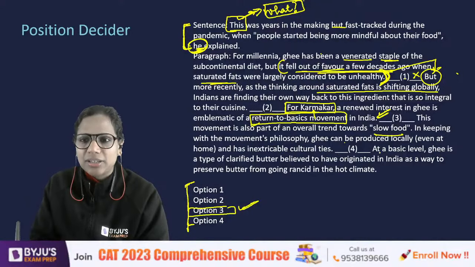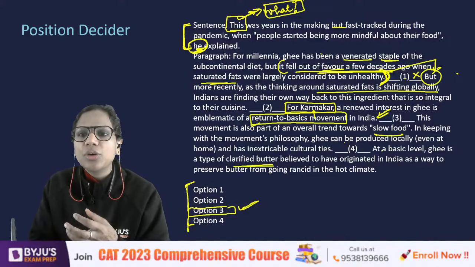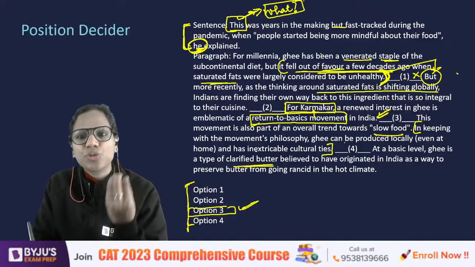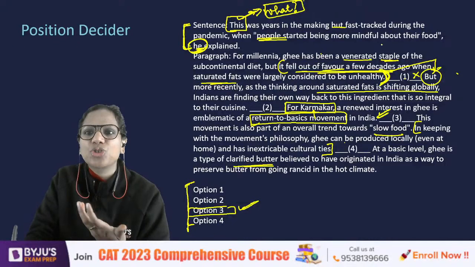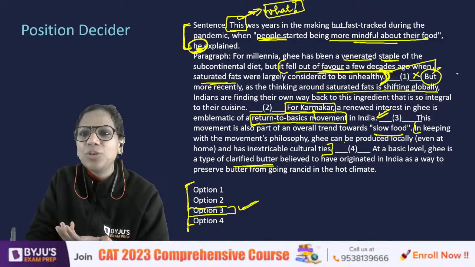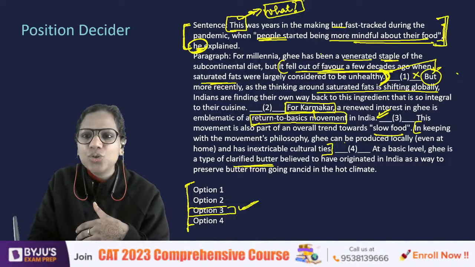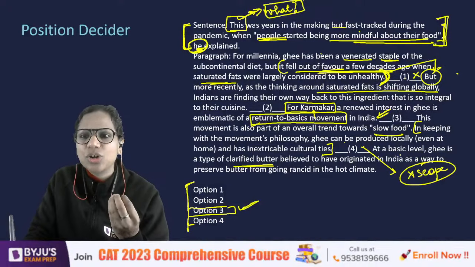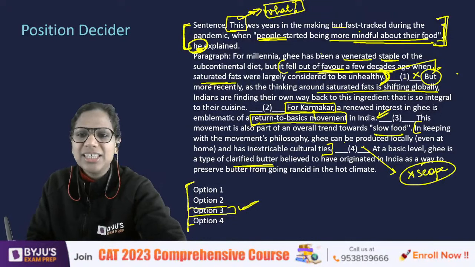Then there is a blank. At a basic level, ghee is a type of clarified butter. So now you see that in these two sentences, we are more concerned about ghee's production, what ghee actually is, rather than about people's perception of ghee, rather than about how it has become popular again. So the theme, the scope has shifted. This sentence does not match the scope of this discussion. Hence, 3.